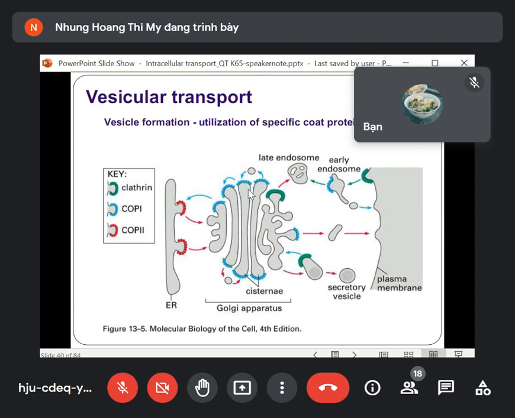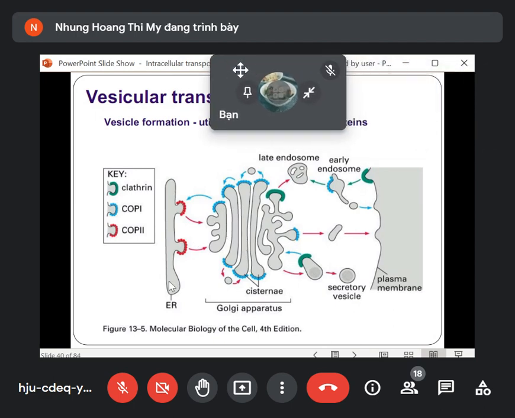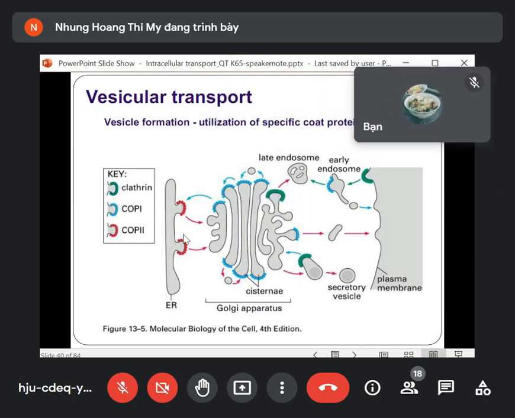COP2 is located mostly on the ER membrane to form vesicles from the ER and transport to the Golgi apparatus. So those are the three types of coat protein: clathrin, COP1, and COP2.